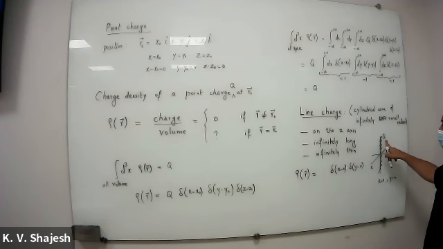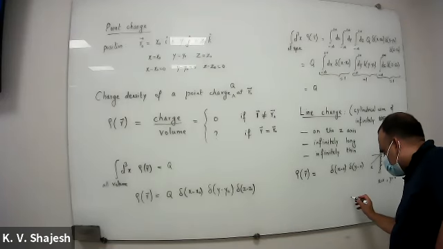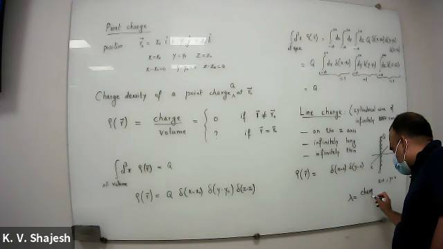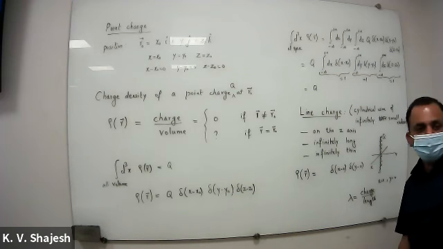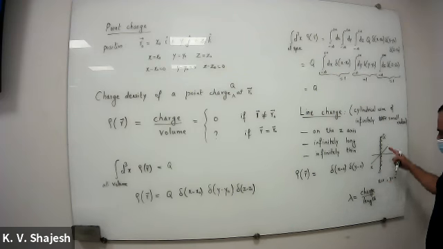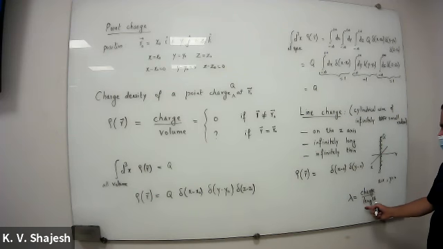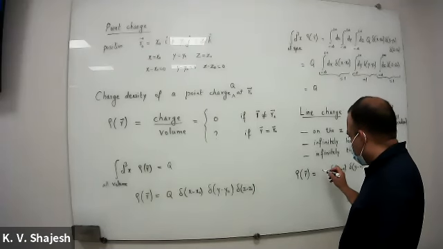But what is a well-defined quantity there is charge per unit length. So let's define what is called lambda, which is the total charge Q per unit length. Let's say it is uniformly distributed on the wire. The total charge on the cylinder is infinite and the length is infinite, but they are of the same kind, so they cancel out, so this is fine. And let's say that's lambda.